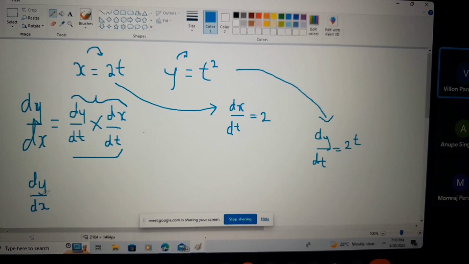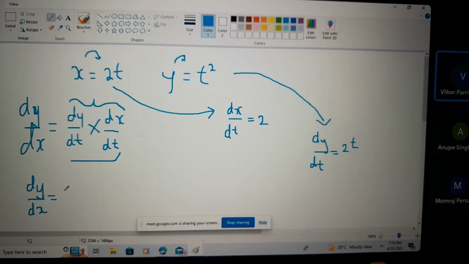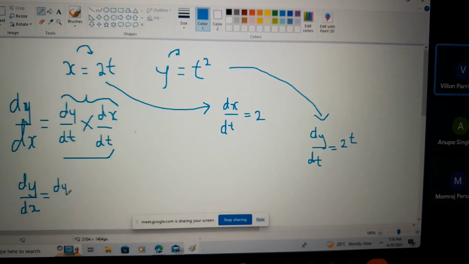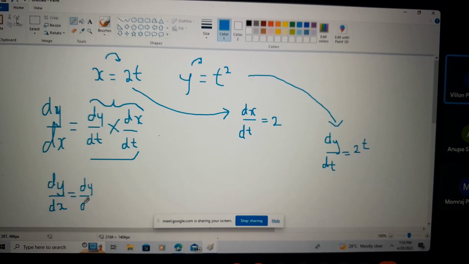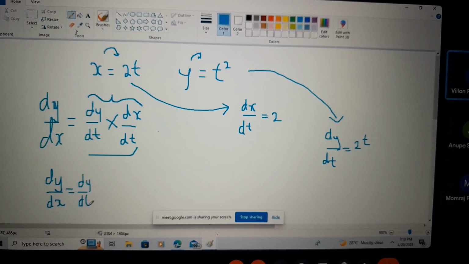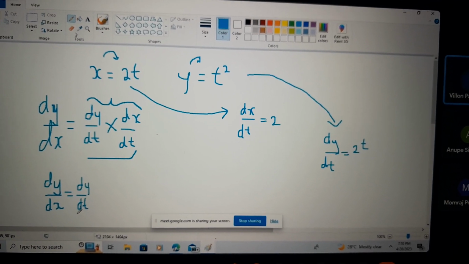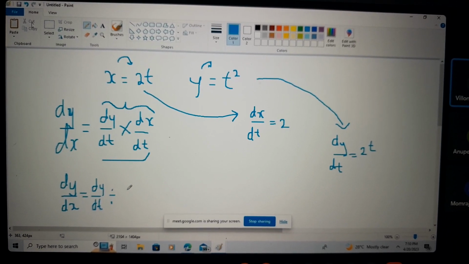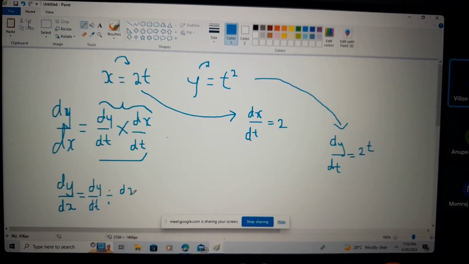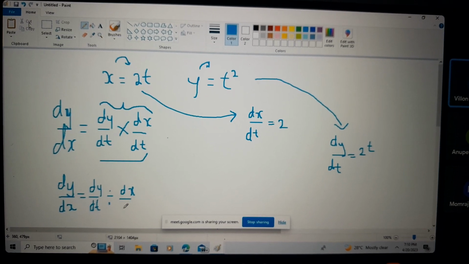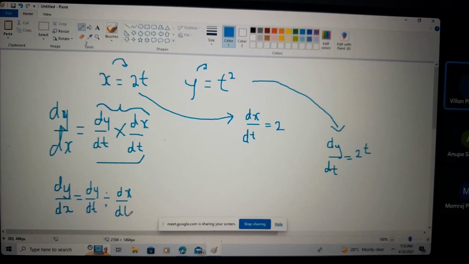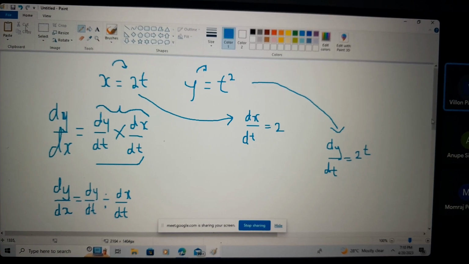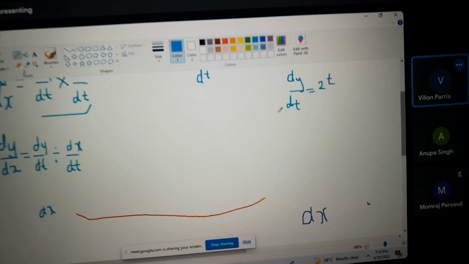Yes, sir. Alright. Good. So it would be dy/dt divided by dx/dt. Now I'll show you why I put divided by. When we divide with a fraction, what do we do?